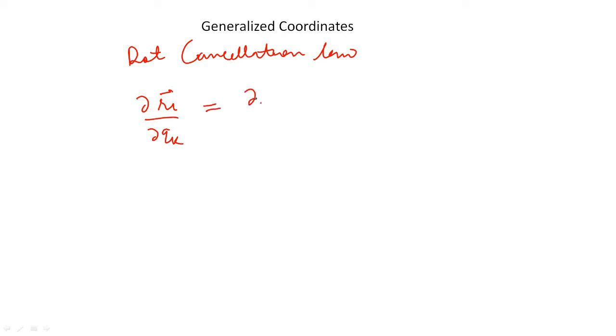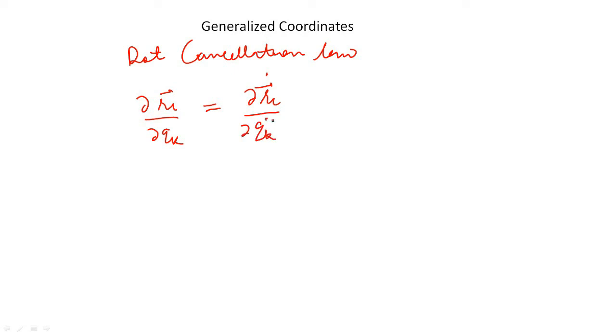Hello everyone. As you know, I have already defined the dot cancellation law for holonomic constraints, and it was ∂r_i/∂q_k = ∂r_i dot/∂q_k dot.